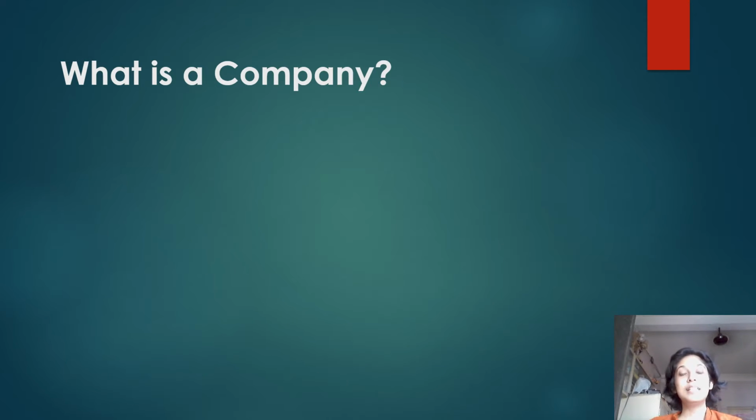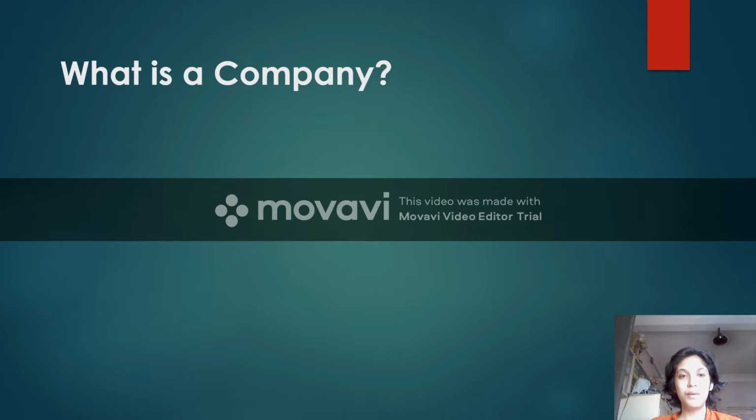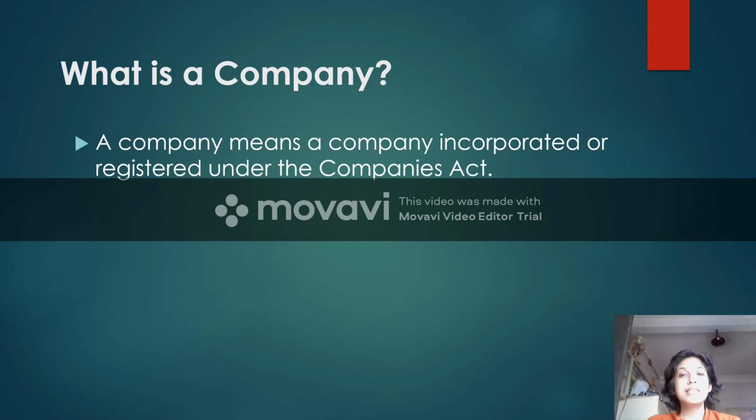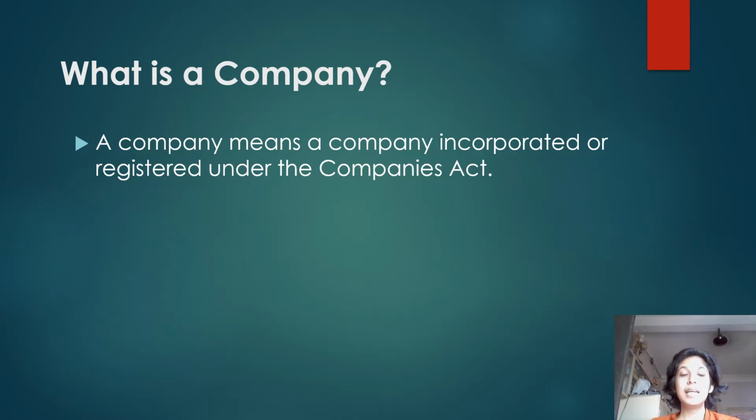Now let's start with the meaning of the company. This first definition is given by Section 3, Subsection 1 of the Companies Act 1956. It goes like this: a company means a company incorporated or registered under the Companies Act. Now, do you get anything from this?